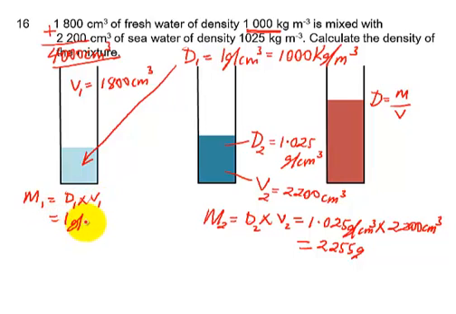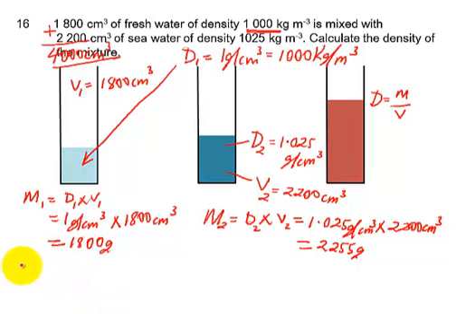This is 1 gram per centimeters cubed times 1,800 centimeters cubed, and it gives us 1,800 grams. So we have the mass of fresh water and the mass of salty water or seawater. So we can effectively get the total mass of the mixture.